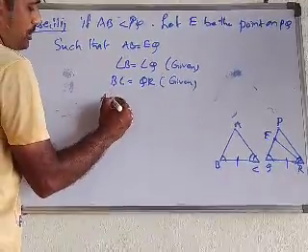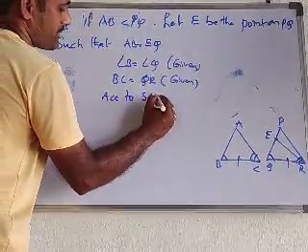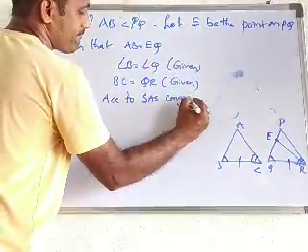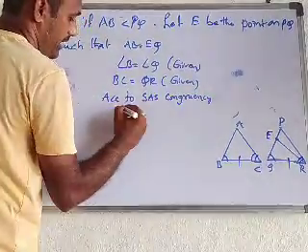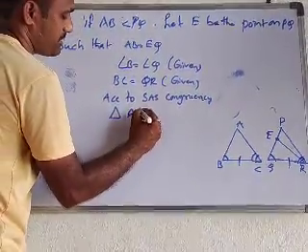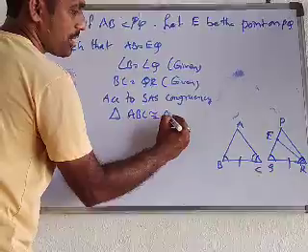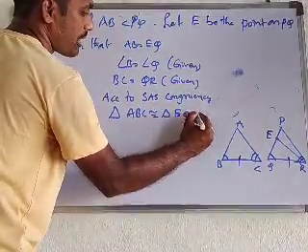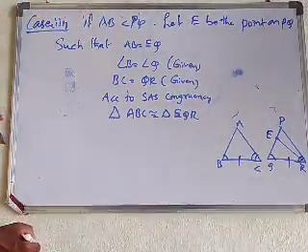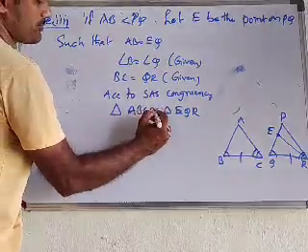So according to SAS congruency criteria, we can say that triangle ABC is congruent to triangle EQR.